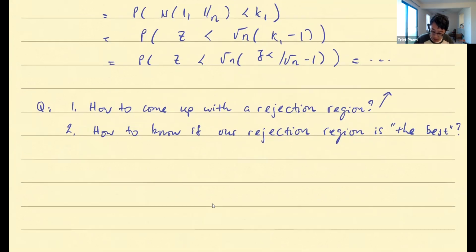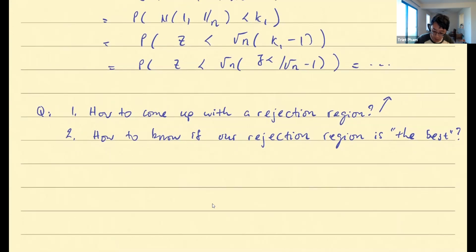There are several answers. One answer is called the likelihood ratio test, which is a big deal because you will see it in many contexts in advanced stat and in machine learning.